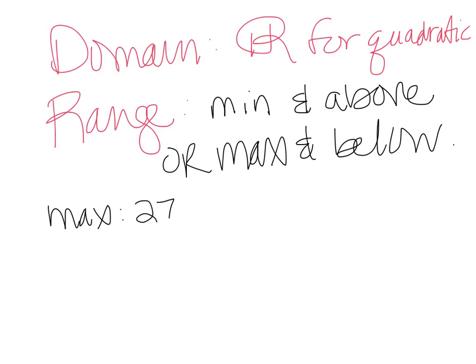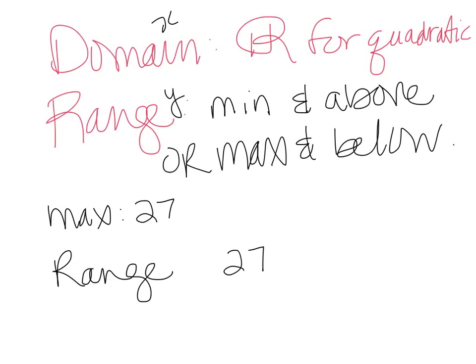That's the y value, right? So that's the range, because we remember domain is x values and range is y values. So for the problem that I did previously, the range is, if 27 is the maximum, then minus infinity would be the minimum. So there would be my range. Alright, so now we can do domain and range too. So, good to go.